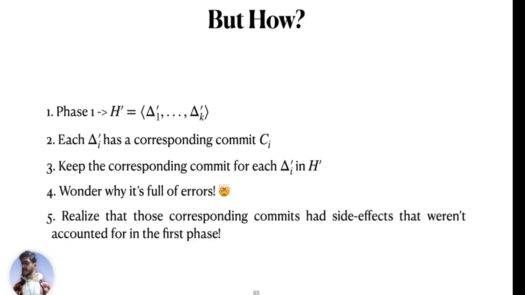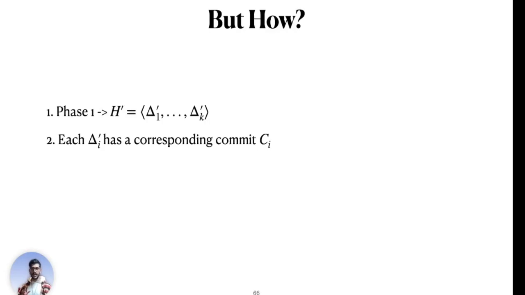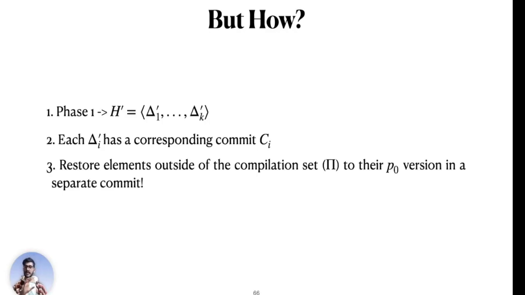Why? Because each commit has some changes that we want and some changes that we don't want. And those changes that we don't want have consequences. They might be using stuff that were defined in previous commits that weren't included. So instead, we will find the changes that aren't inside the compilation sets, and we will revert them back to how they were in the P0 version.